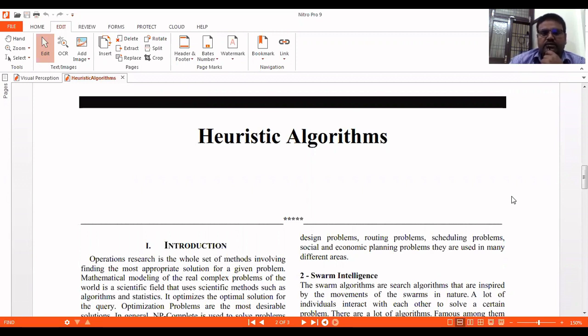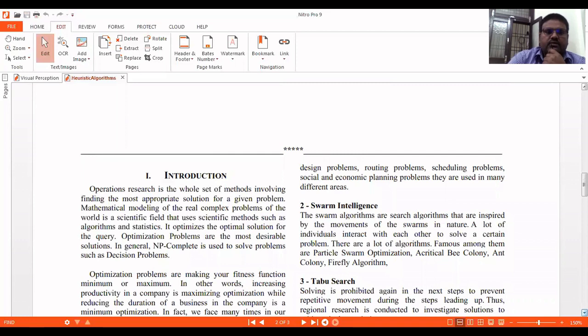The most desirable solutions in general, and for example, NP-complete is used to solve problems such as decision problems.